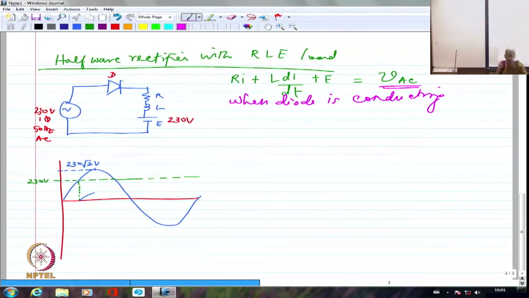So I should say in this particular case, L di by dt is going to be whatever is VAC minus E first of all, and then minus Ri. So only when the voltage crosses 230 volts in the positive half cycle, it is going to start conducting, and then the current starts increasing.